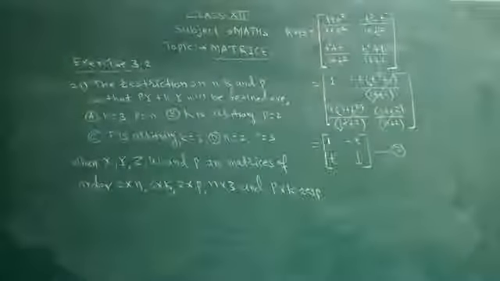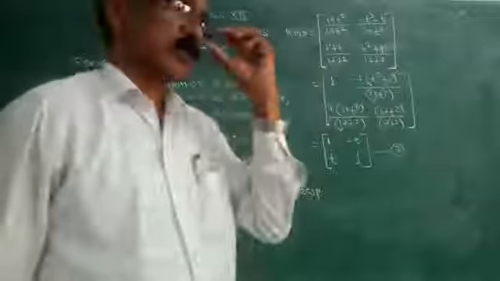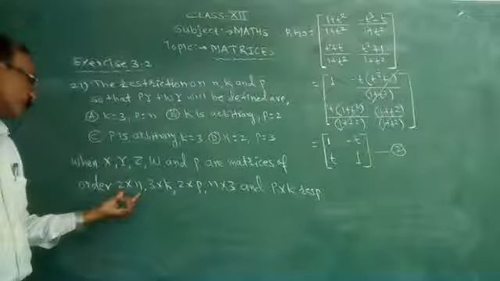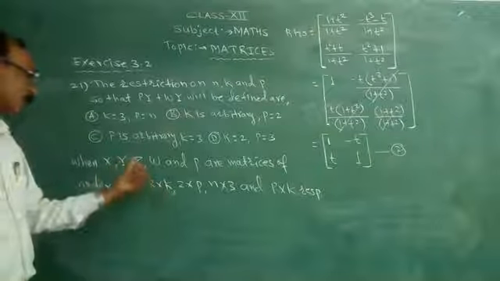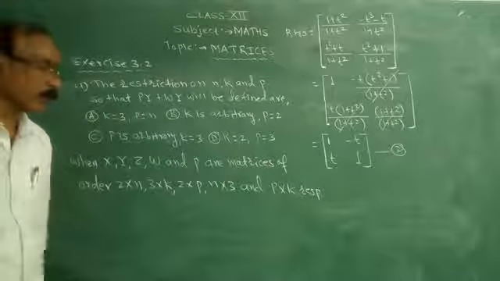So X, Y, Z, W and P are 5 matrices whose orders are given. The order of X is 2 by n, the order of Y is 3 by k, the order of Z is 2 by p, the order of W is n by 3 and P is p by k.